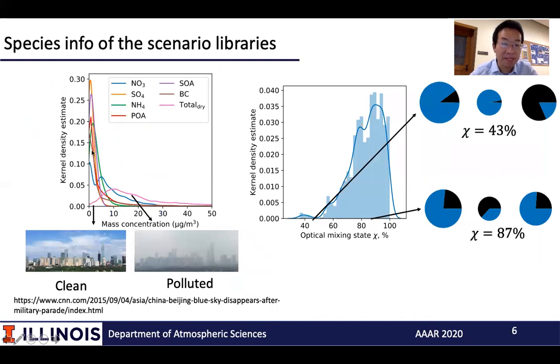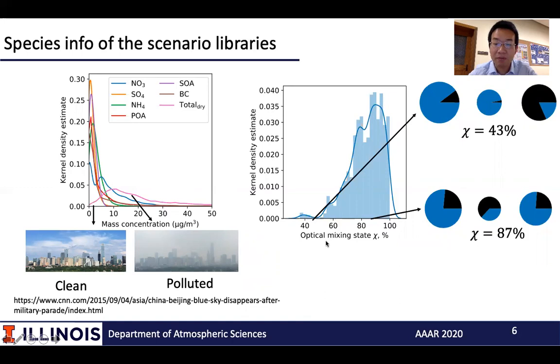This is the mass distribution of the scenario libraries, and we find our libraries have a wide range of mass concentration, from clean urban environments with total dry mass less than 5 micrograms per cubic meter to polluted environments with total dry mass larger than 20 micrograms per cubic meter.